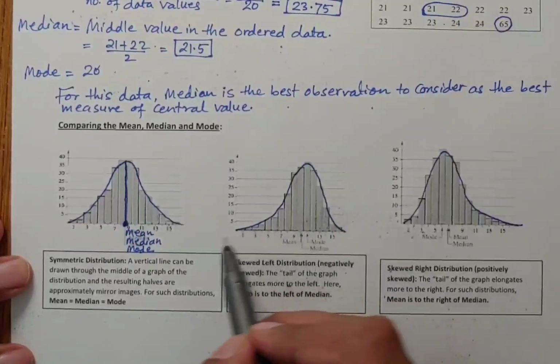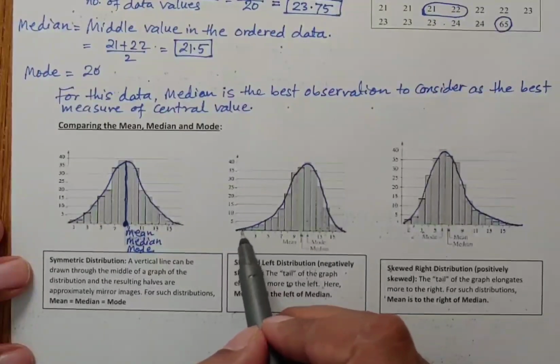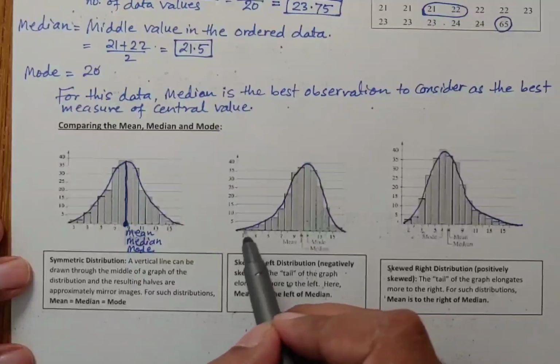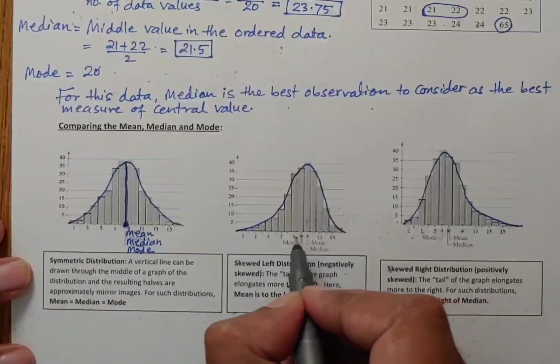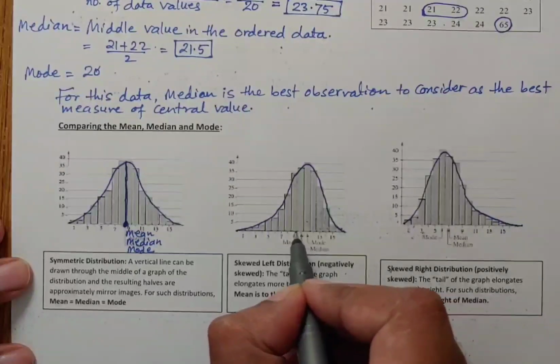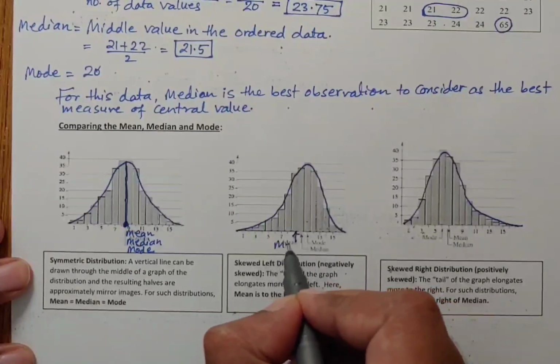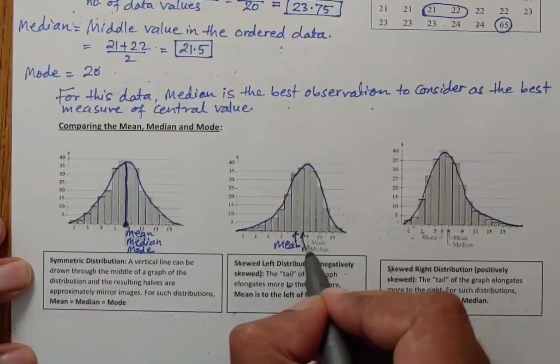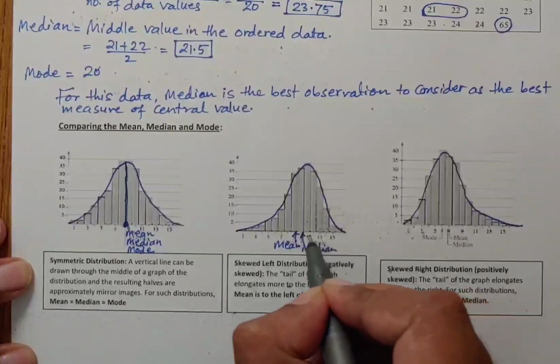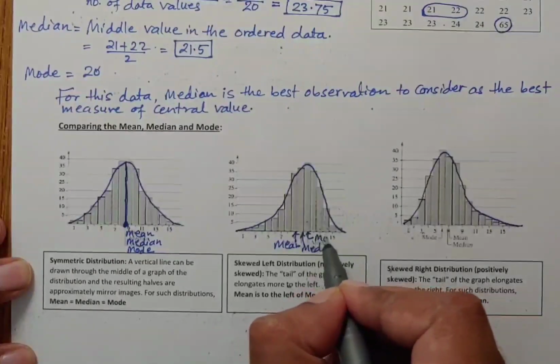If you have a left skewed graph, like this graph has a long tail on the left side, then we get the mean first. Somewhere here we get the mean, and then we get the median, and then we get the mode.